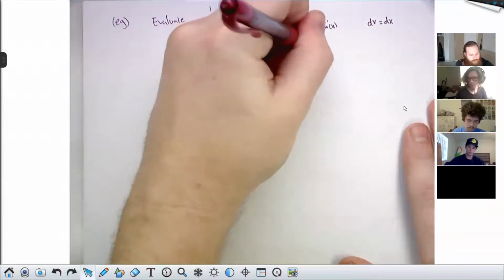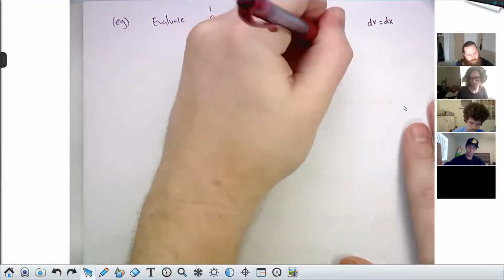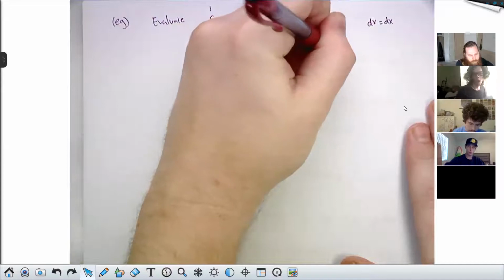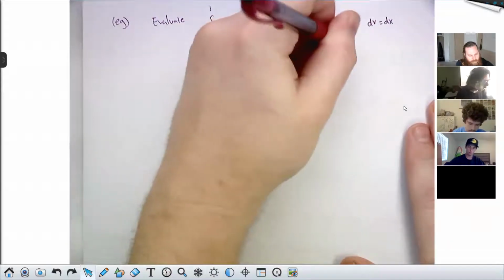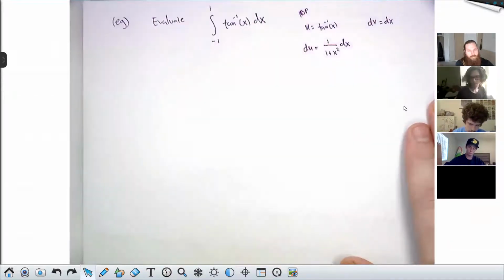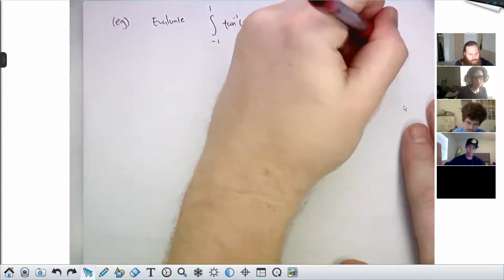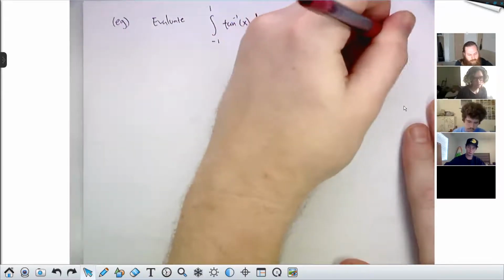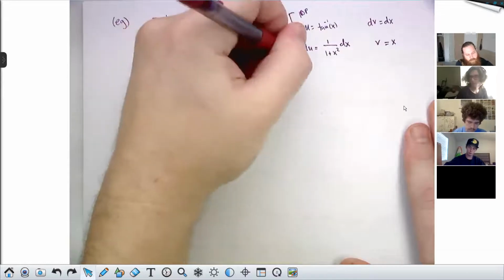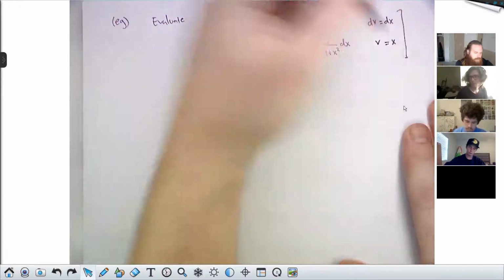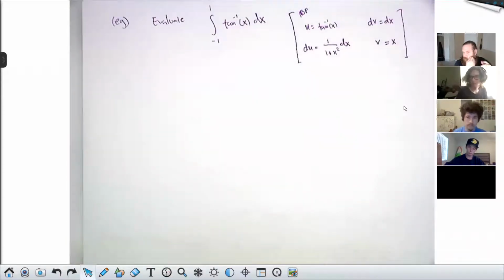If u is the inverse tangent of x, then du is 1 over 1 plus x squared dx. And v would be the integral of dx, which is just x. So this is us filling out our IBP table. Any questions about where those pieces came from?